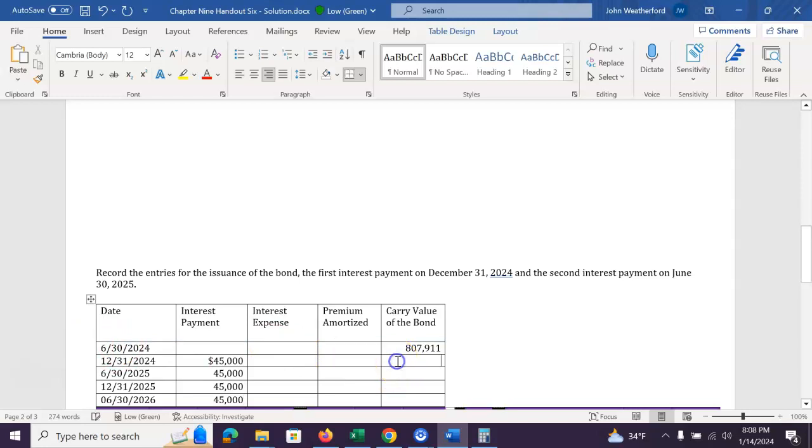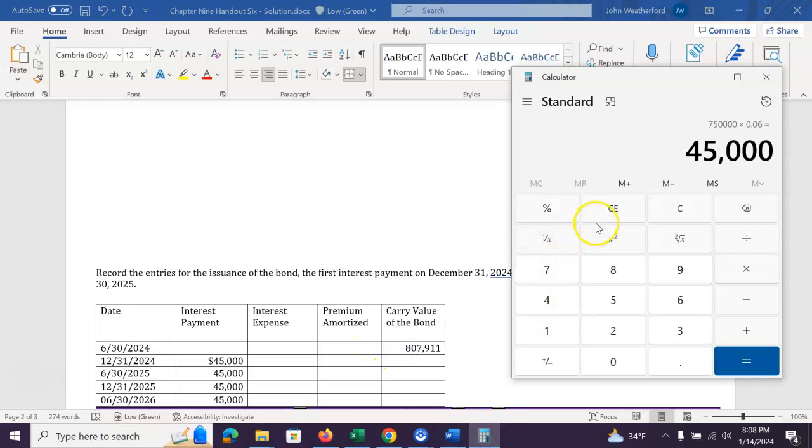Now the interest expense will be calculated as half the effective rate times the carrying value. So we've got a carrying value of $807,911 times half the effective rate. The effective rate was 10%, half of which, of course, is 5%.